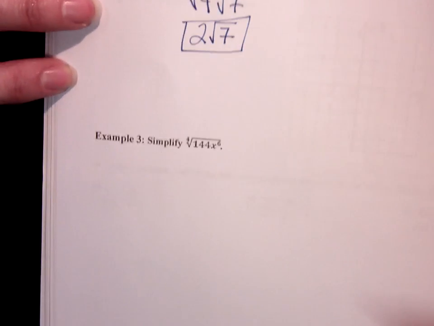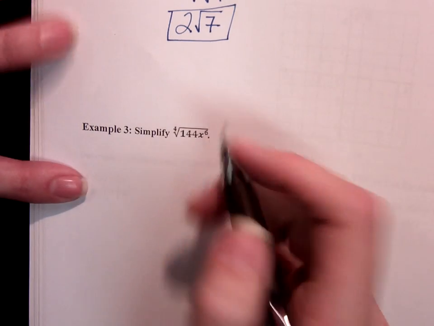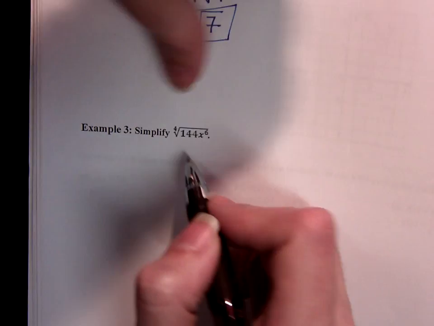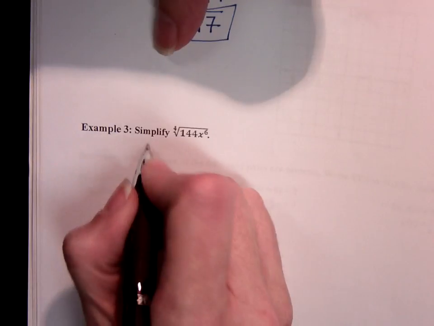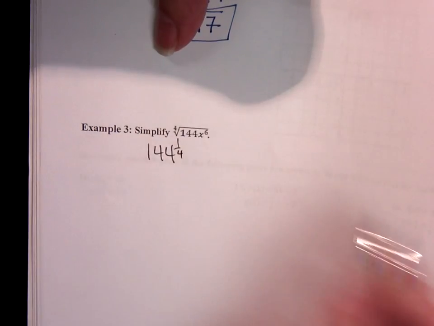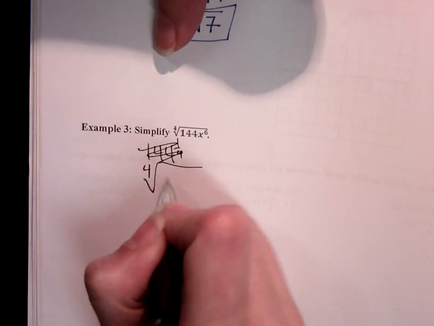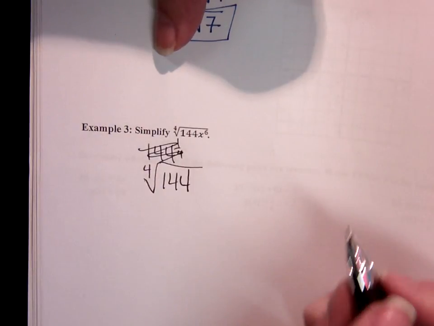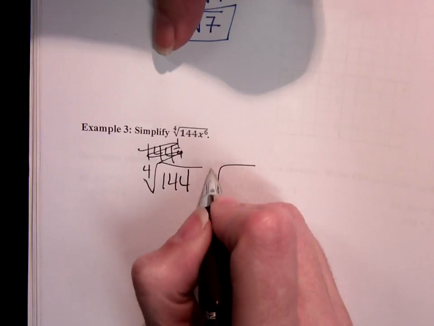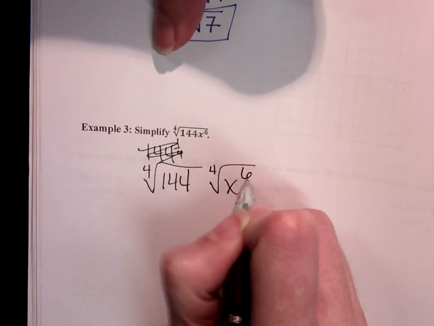And last example, and this is where it really can help kind of make your life easier. So if we split this up, okay, maybe 144 to the 1/4 doesn't help you at all. That's okay. I'm going to leave the 4th root of 144 here, and then we're going to move over and take the 4th root of x to the 6th.